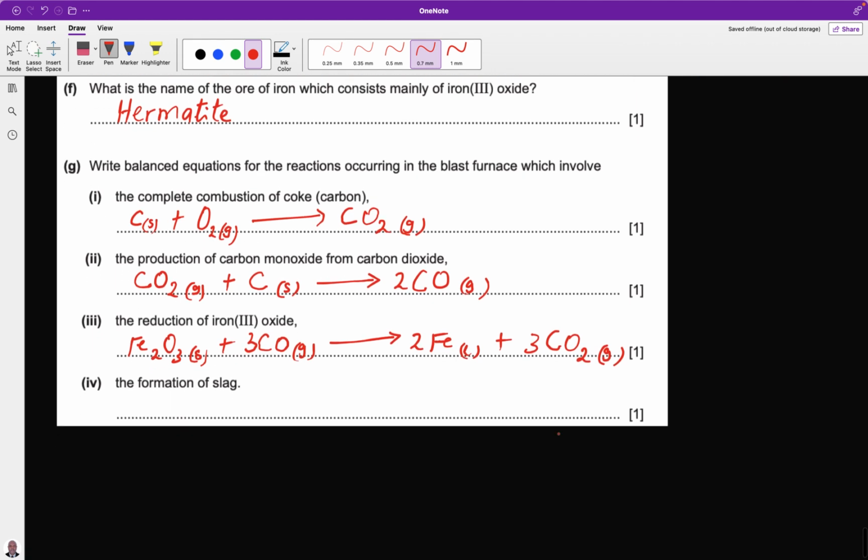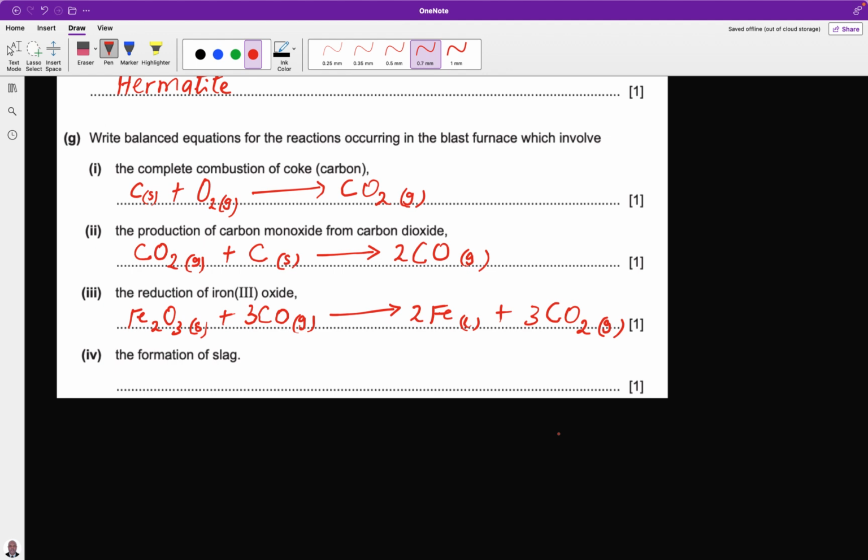Okay. The formation of slag, that is the removal of the impurities. Remember, slag is one of the impurities being removed, and it is used for the construction of roads.